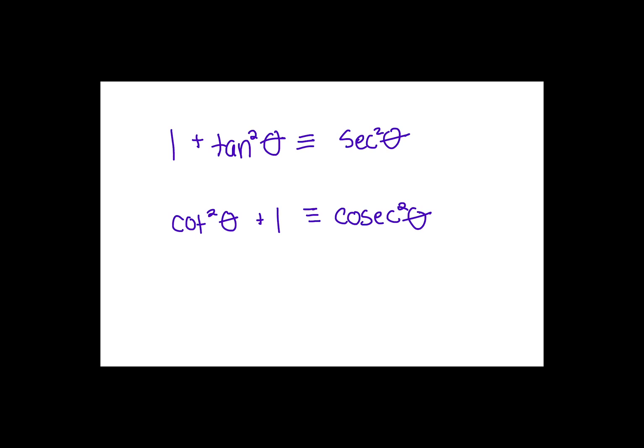Now remember that you should be rearranging these formulas depending on what you need. So if you're trying to replace tan squared theta in a problem, you would be replacing it with secant squared theta minus 1. So be flexible when using these trig identities in your work.